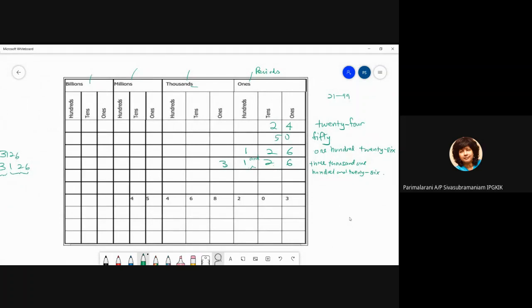Okay, supposing we had this number. How would we read this? Anybody?